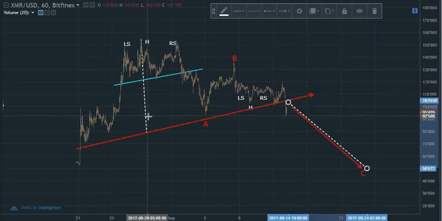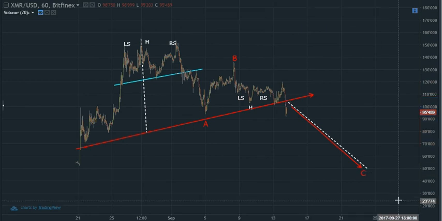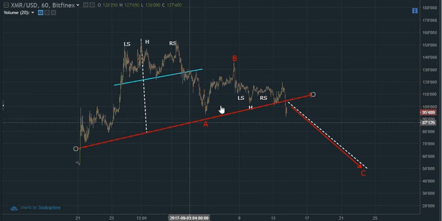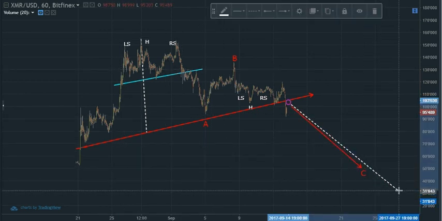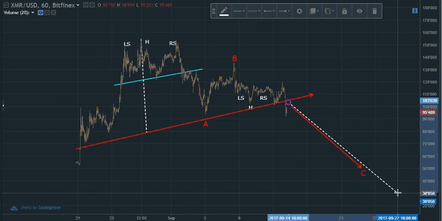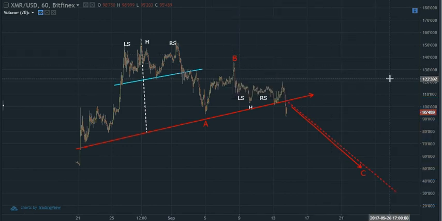So the minimum target shows it should be approximately 50 as well, somewhere in the 50s. This head and shoulders pattern is often known to exceed the minimum by 25, 30, 40, 50% even. And if that's the case, it's something that we need to keep an eye out for.